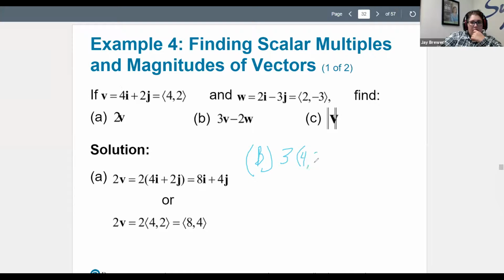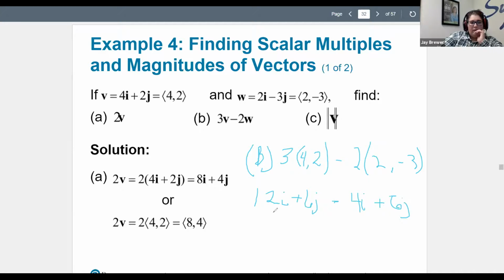so I'm going to do 3 comma 2 minus 2w, which is 2 negative 3. We're going to get what here? We would end up with 12i plus 6j minus 4i plus 6j.